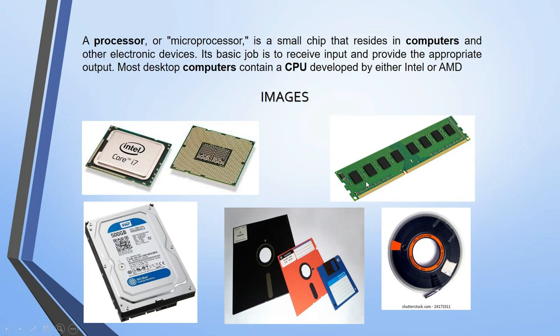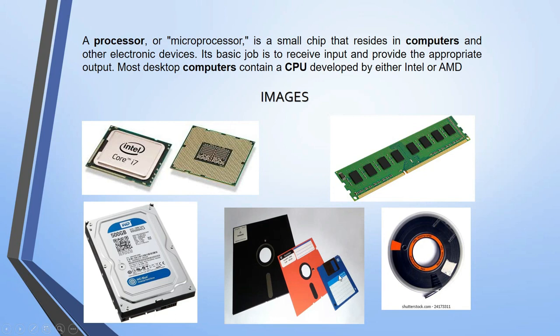And this is the RAM. Along with this is the hard disk, a 500 GB hard disk, and this one is the magnetic tape. Means previously data was stored on this magnetic tape. And this is the floppy disk.